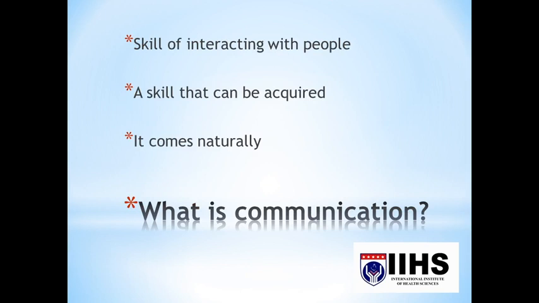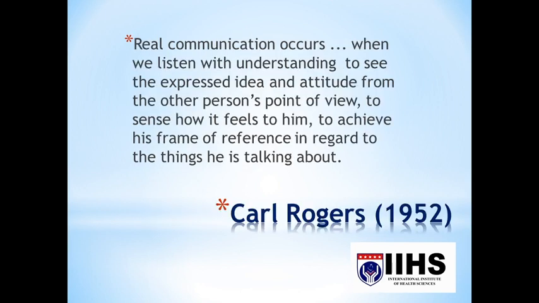If somebody asks you the question communication, you are to answer these things with these things. Skill of interacting with people, a skill that can be acquired and it comes naturally. And then you are supposed to know some explanation or definition about communication.